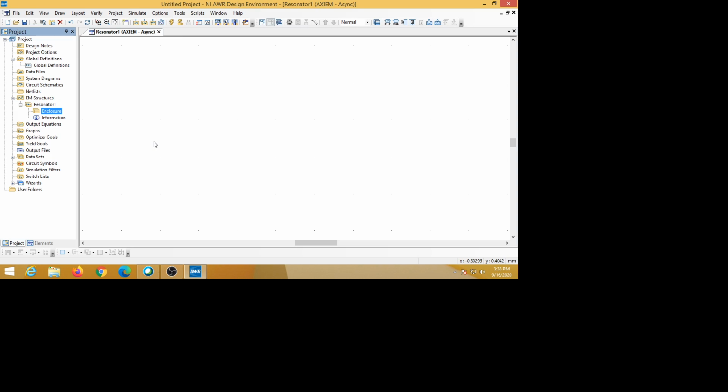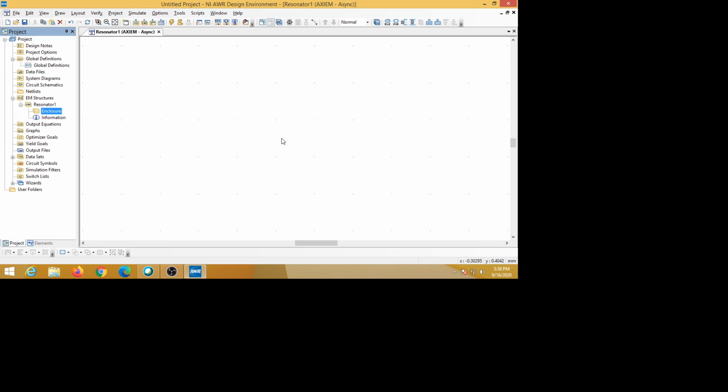Now we have to draw the structure here. To draw it, we can see this window where we have to draw. Actually we are present on top of the dielectric material, where the cursor is moving on this screen. The grid is not appearing here.